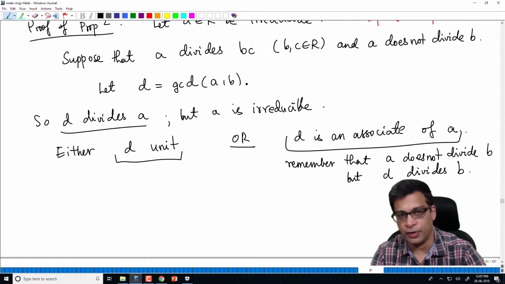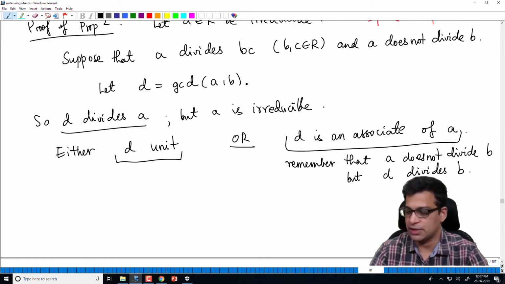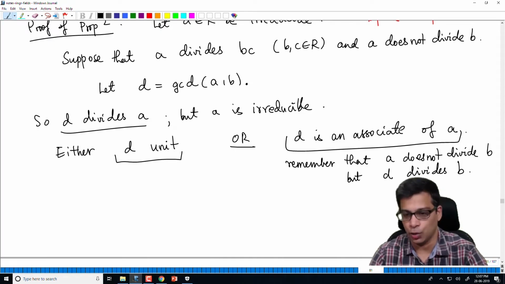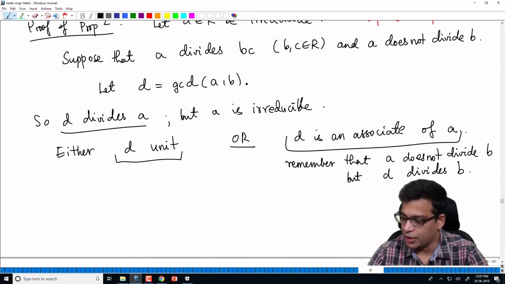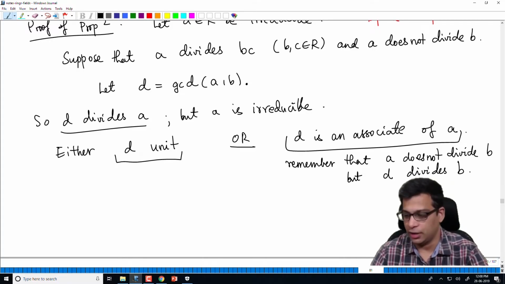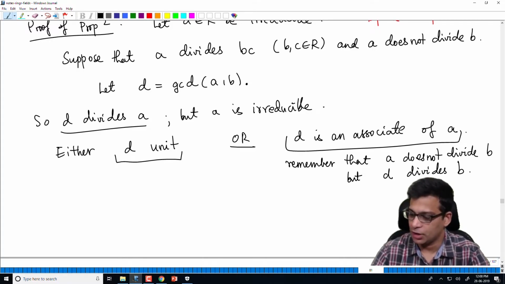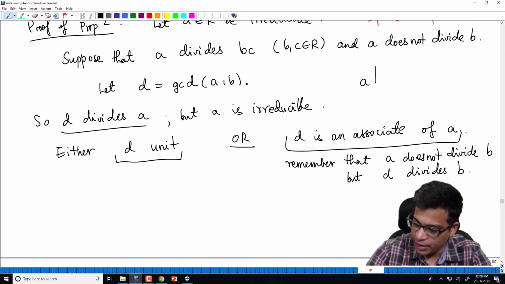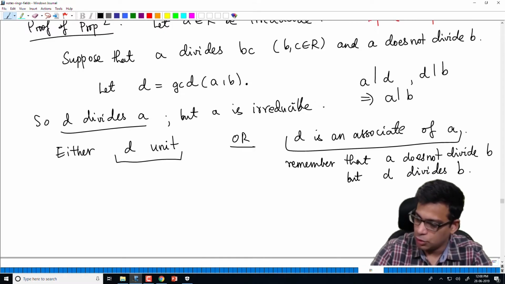They differ by a unit, or in other words, D is a multiple of A and a unit, or equivalently D divides A and A divides D. So if D divides B and A does not divide B, A cannot divide D, because if A divides D and D divides B, that means A divides B, which cannot happen.